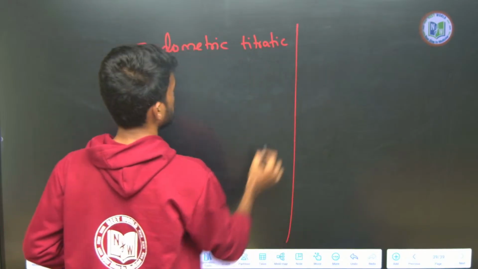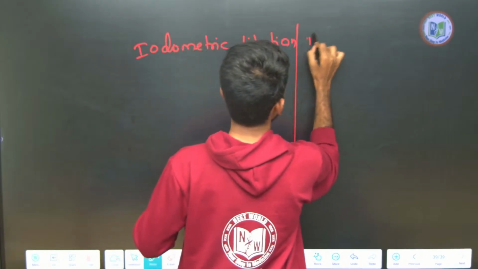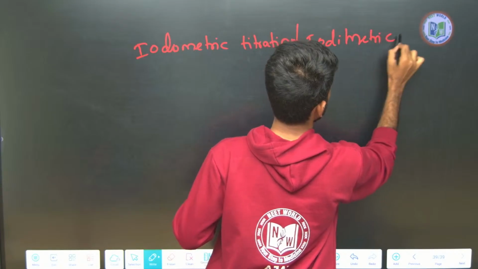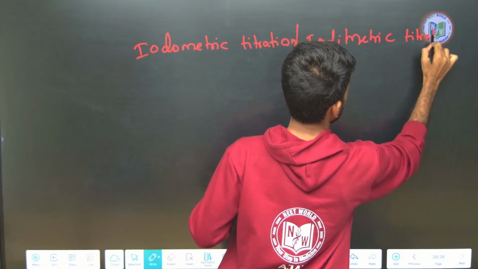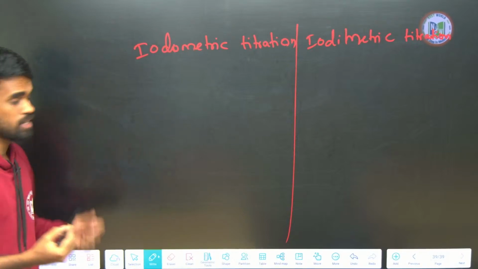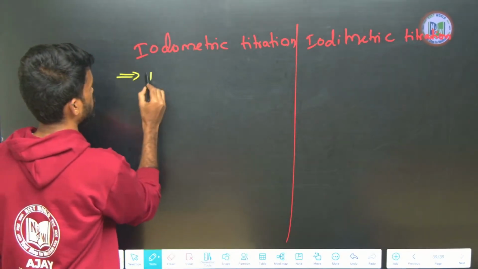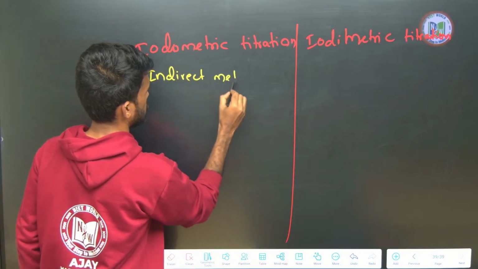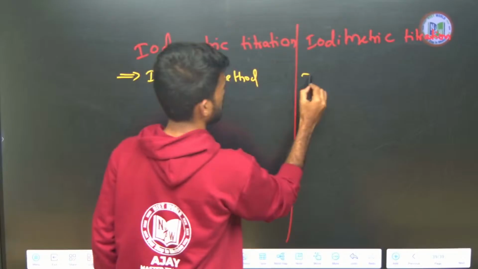There are two types. One is iodometric and another one is iodimetric titration. Okay, so when I am saying iodometric titration, it is an indirect method, and this is a direct method.